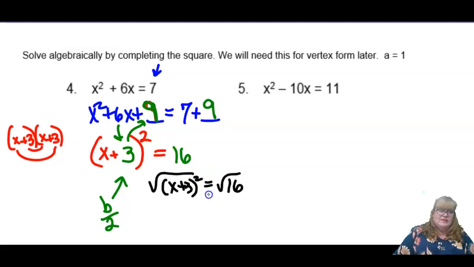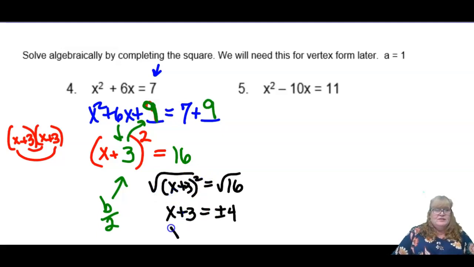I just rewrote it so I didn't mess anything up by scribbling all over the top of that notes. But this would square root to just be x plus 3, and this would be plus or minus 4. Square root of 16 is 4. We got to remember the plus or minus because we square rooted an x squared. All right, then we subtract 3 over to the other side. And that gives us, I don't know why I wrote that so messy.